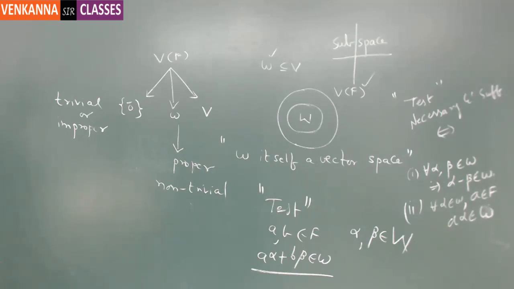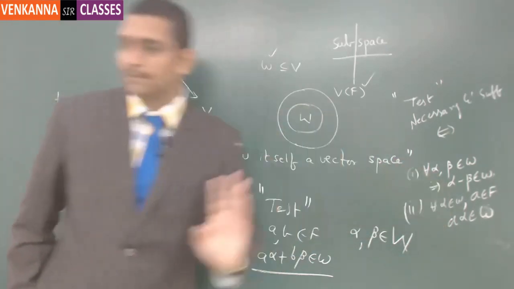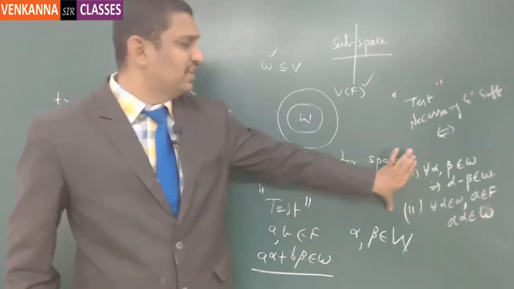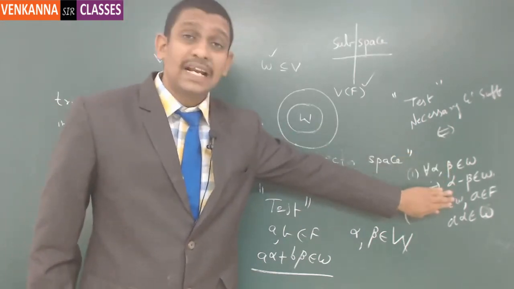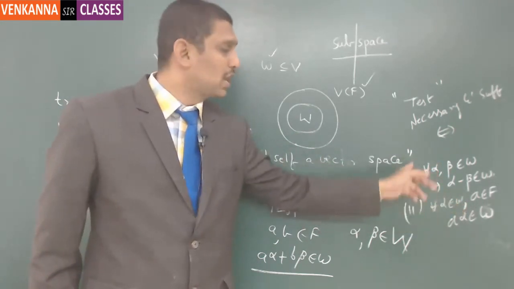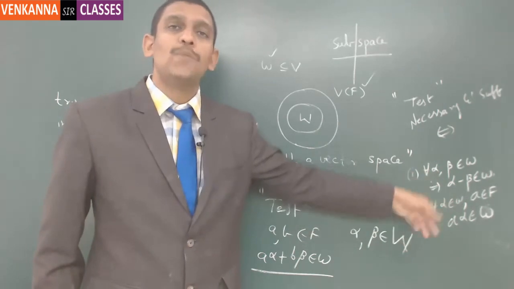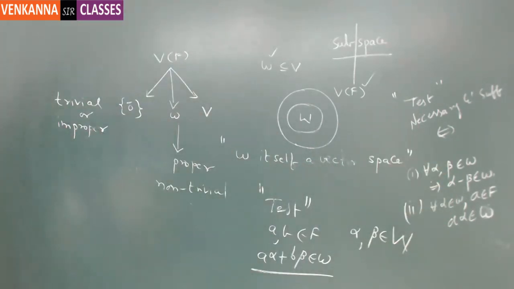Whenever a question is given to verify whether W is a subspace or not, you are going to make use of this single condition or the two conditions given here. Suppose you are checking with the two conditions. If the first condition is satisfied but the second condition is not satisfied, then it is not a subspace. Both conditions must be satisfied by W. Please take a note of this.